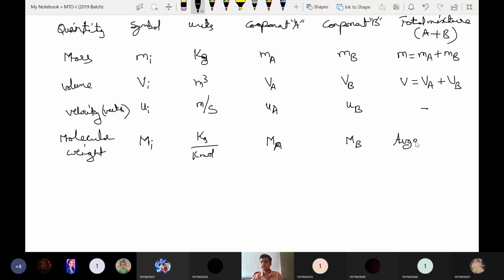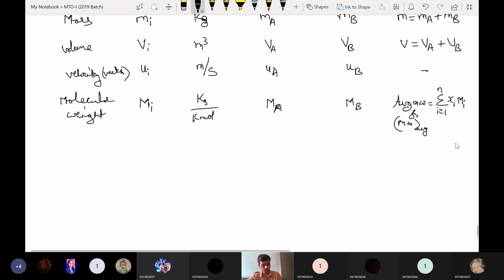We have to use the average molecular weight, which we can denote as MW average: sigma i equal to 1 to n of xi into capital Mi. Mole fraction into molecular weight is the average molecular weight.